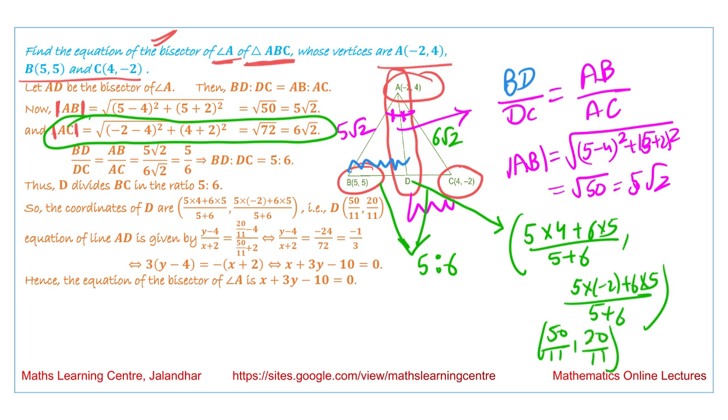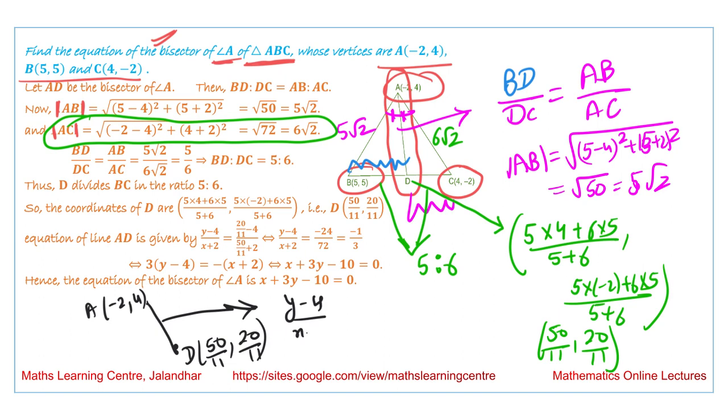Now we have the coordinates of the two points. The point A has the coordinates minus 2 comma 4. Point D has the coordinates 50 by 11 comma 20 by 11. We want to find the equation of the line AD. The equation of this line AD is (y minus 4)/(x plus 2) equal to (20 by 11 minus 4)/(50 by 11 plus 2).